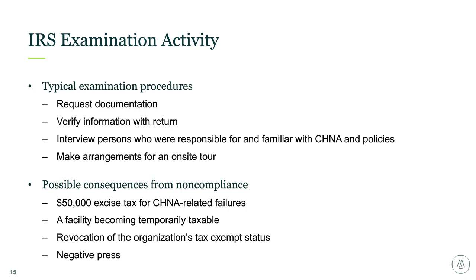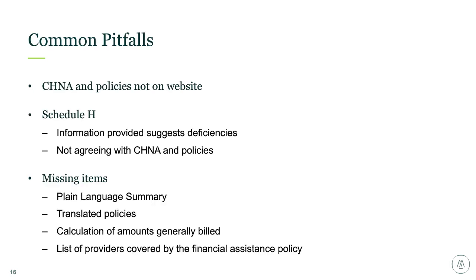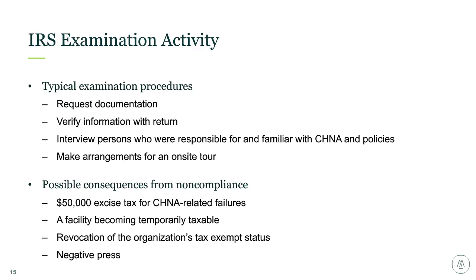And then also, if it gets out, there could be negative press. And really quick, by the end of 2017, the IRS has said that they made 33 assessments imposing the $50,000 excise tax.